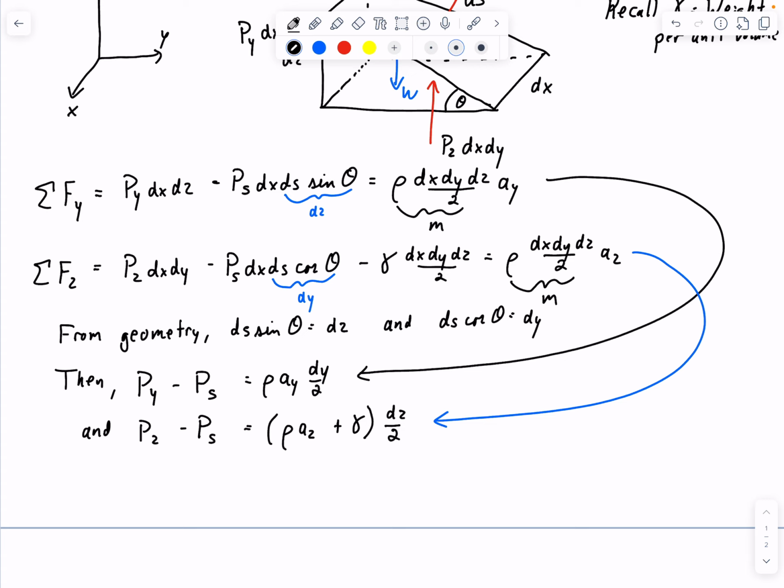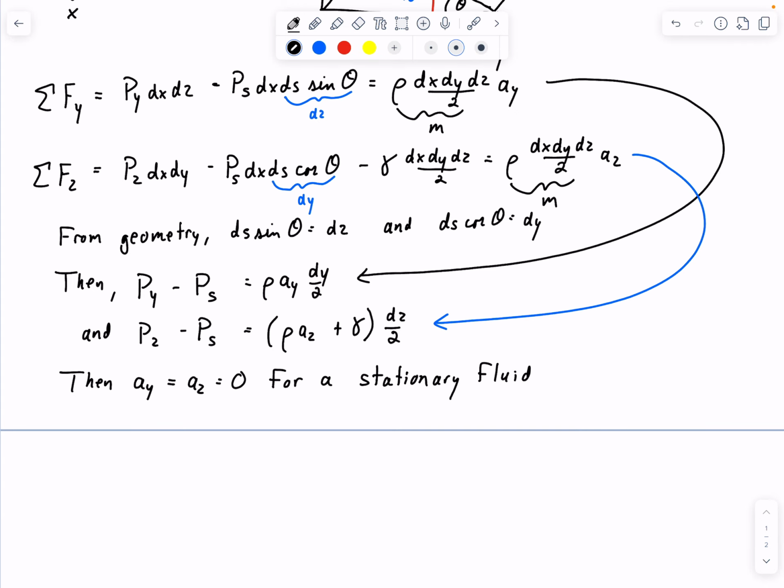So here we have simplified expressions involving the force and the acceleration, but in this case, we're dealing with a stationary fluid. So there is no acceleration of the fluid, and so we can simplify this by saying ay is equal to az is equal to 0 for a stationary fluid. So that's our first simplification here.